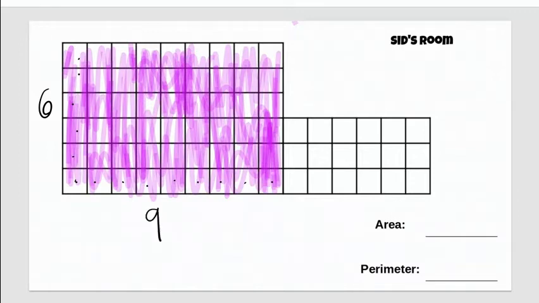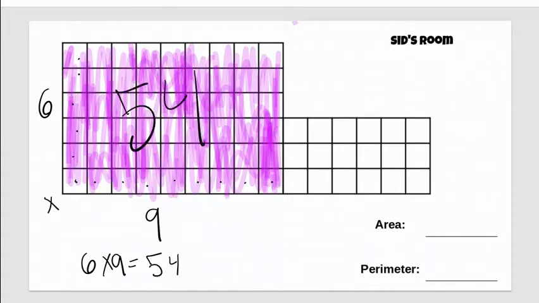So 6 rows of 9 is the same thing as 6 times 9. And 6 times 9 equals 54. So the area of the purple section is 54 square units.